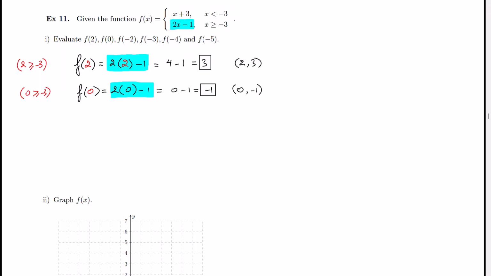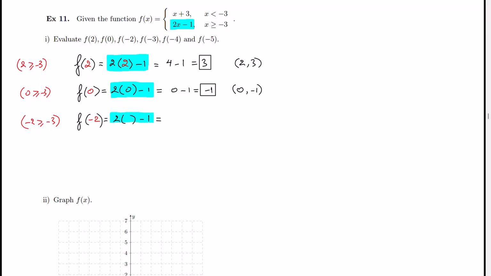Okay, keep going. Next, we have f of negative 2. So again, you should be asking, how does negative 2 relate to the domains? Is it smaller than negative 3, or is it bigger than negative 3? And I hope you can tell that it's bigger than negative 3. So we use the same formula as before, 2 times x minus 1.